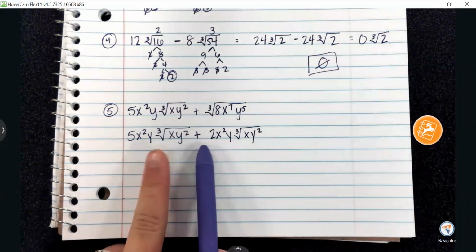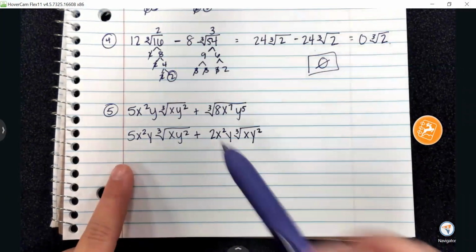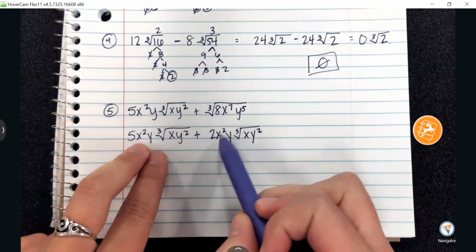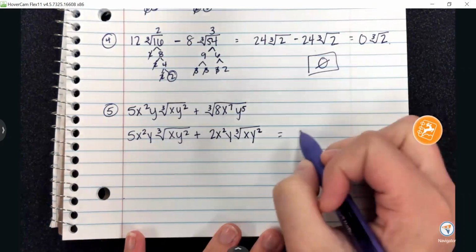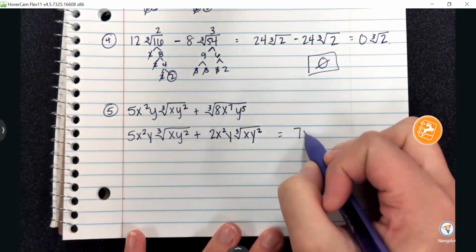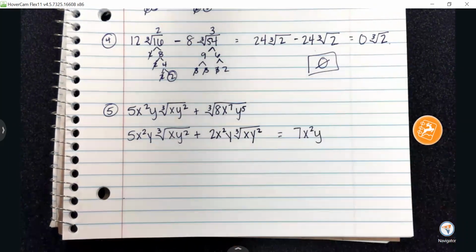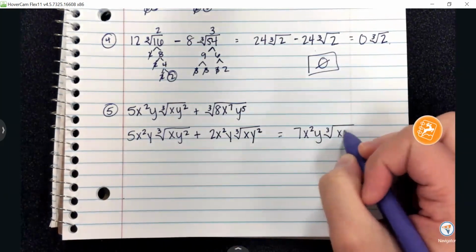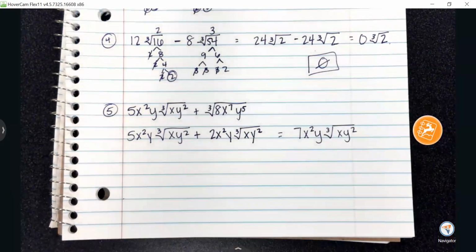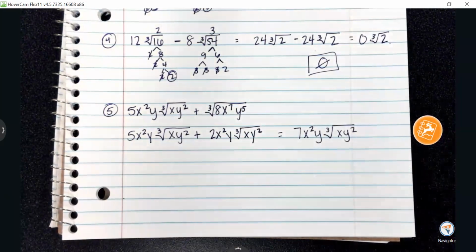So you have to make sure everything looks the same. So I have x squared y and x squared y. If I have 5 of them and 2 of them, that would give me 7x squared y. And then I'd have the cube root of xy squared as my final answer. Okay.